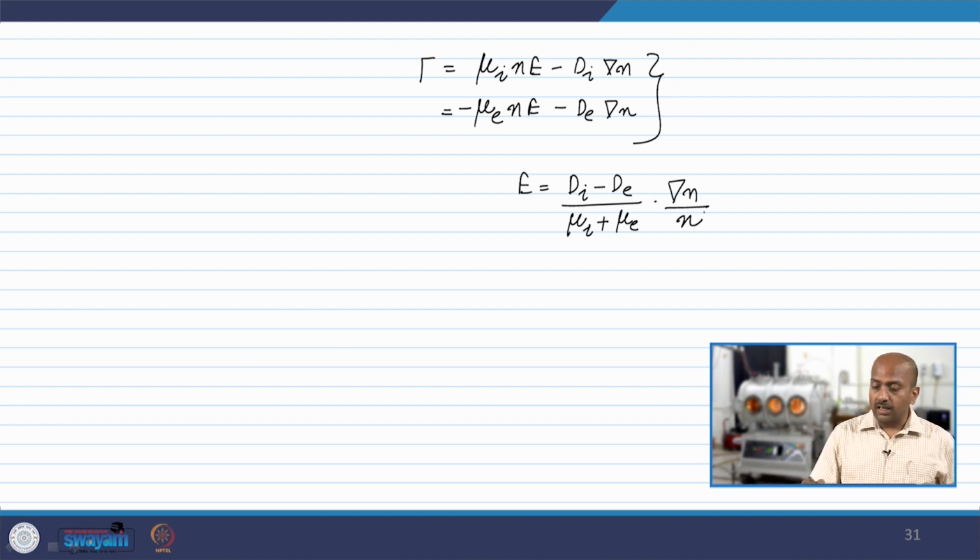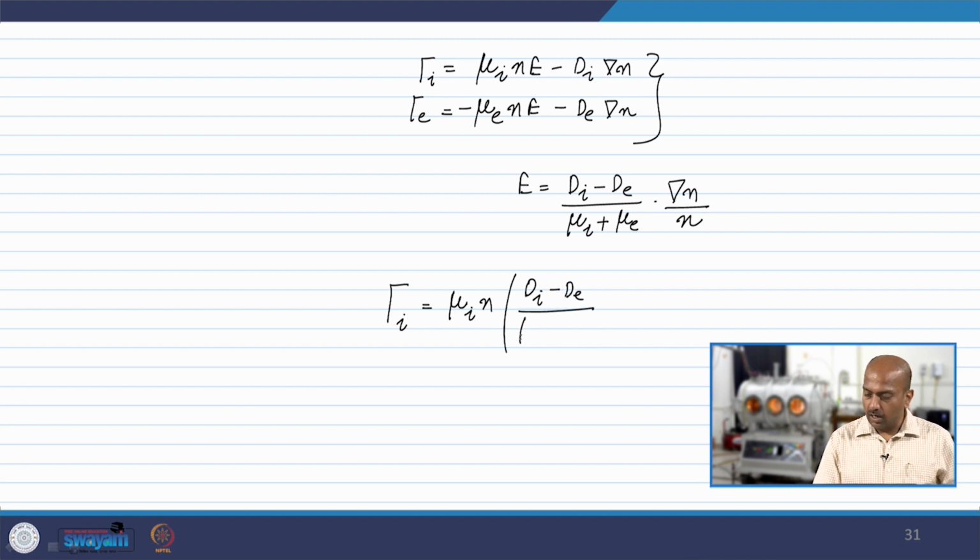We can use this electric field in either the flux of ions or electrons to write ΓI as μI times n times (DI − De) divided by (μI + μe) times ∇n by n, minus DI∇n.